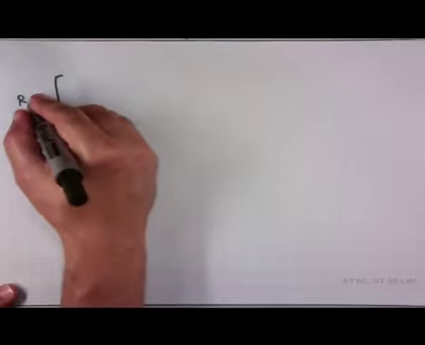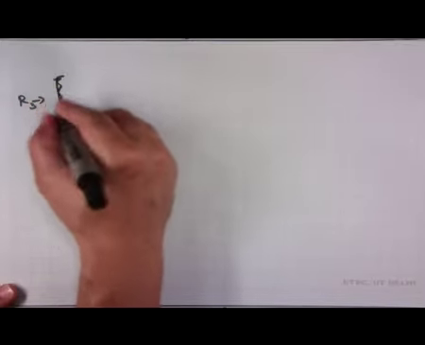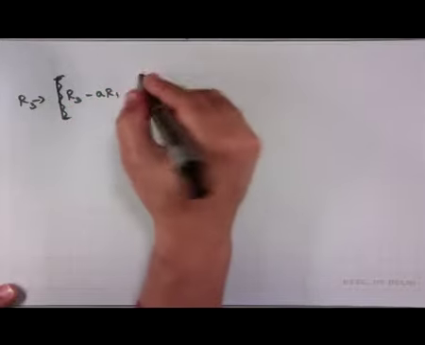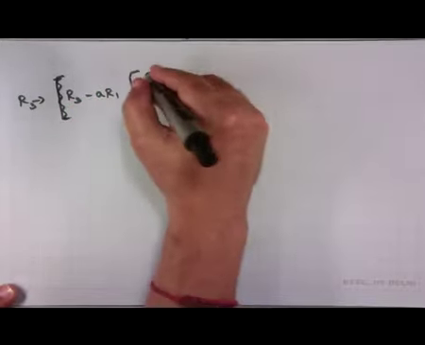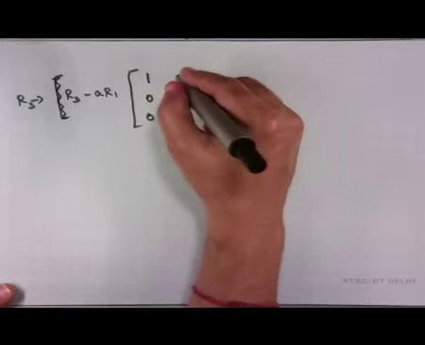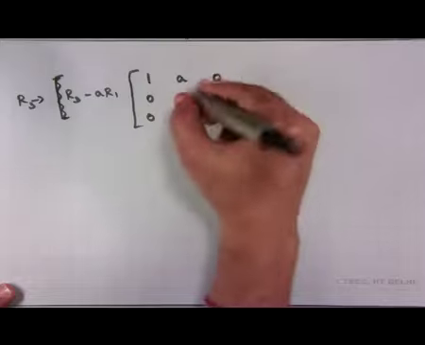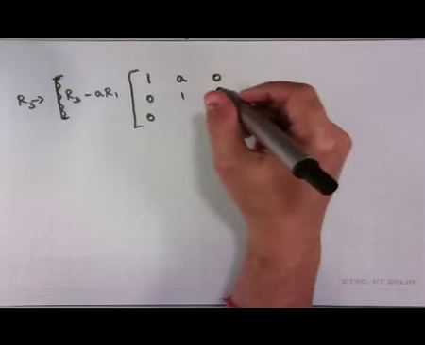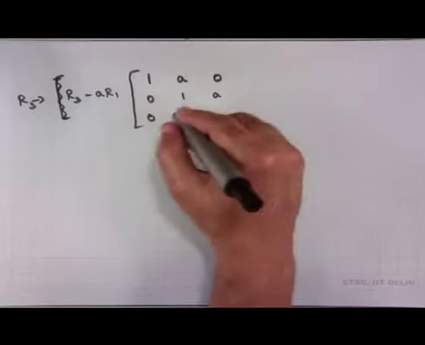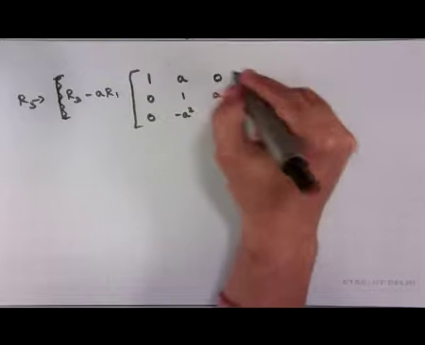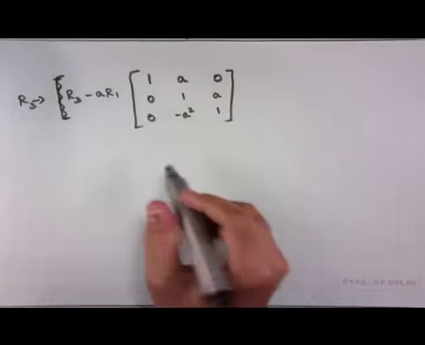R3 is replaced by R3 minus A times R1. The first row in fact remains unchanged, even the second row, A 1 A. In the third one, 0 minus A times A, you will have minus A square, and 1 minus A times 0, you have 1.